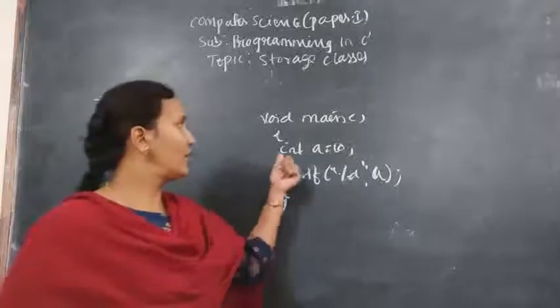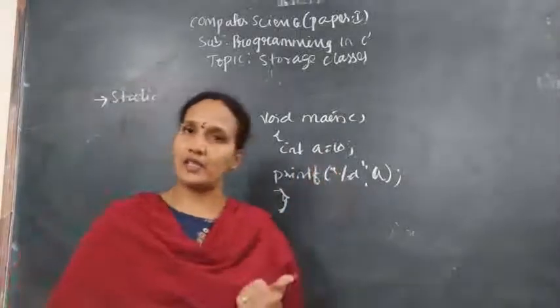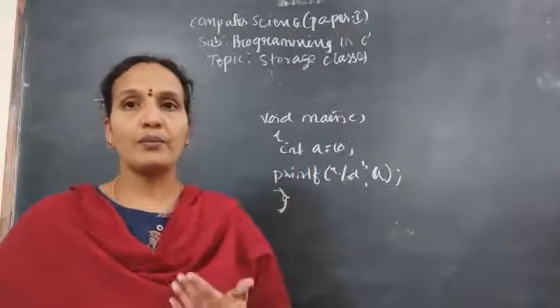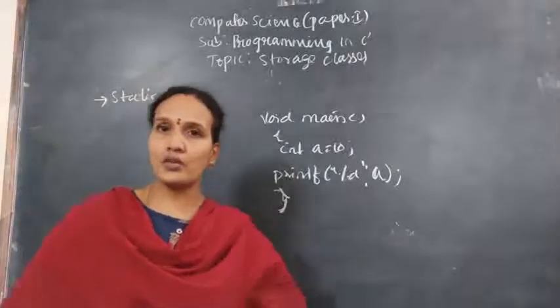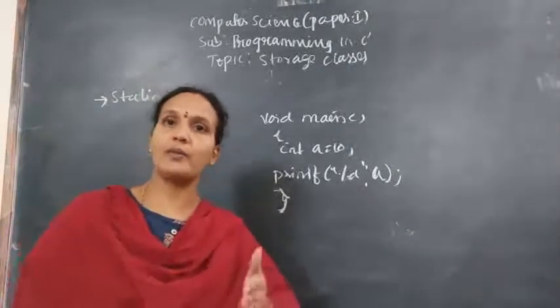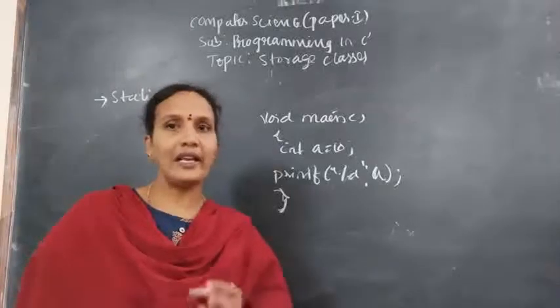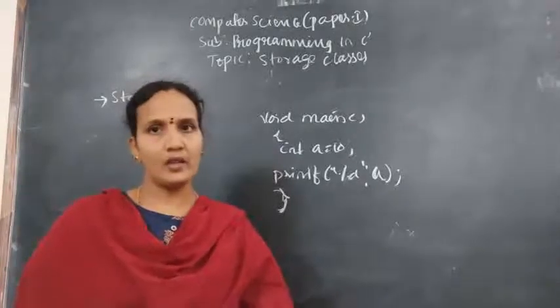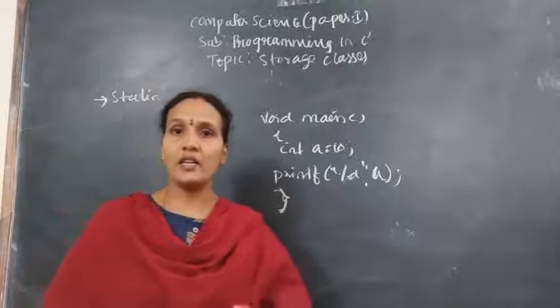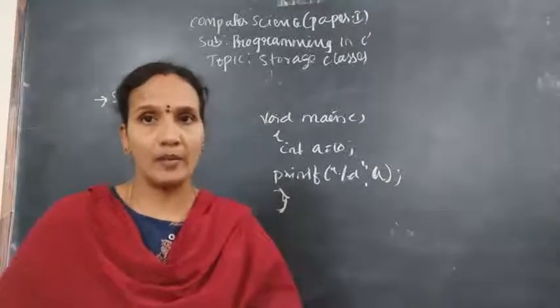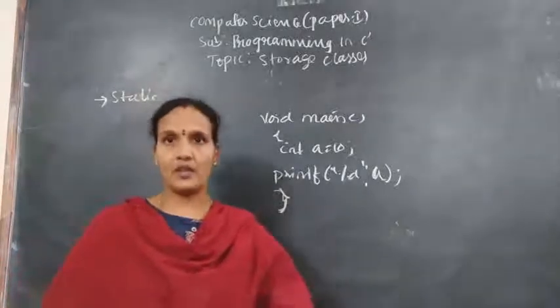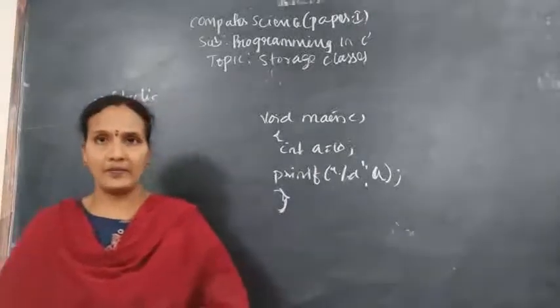Here I have not given any storage class, so by default it is considered an auto storage. But what is the disadvantage of the auto storage class? When the function execution ends, the life of that variable will end. Clear? But I want to reserve some variable inside the memory even after the function execution ends.